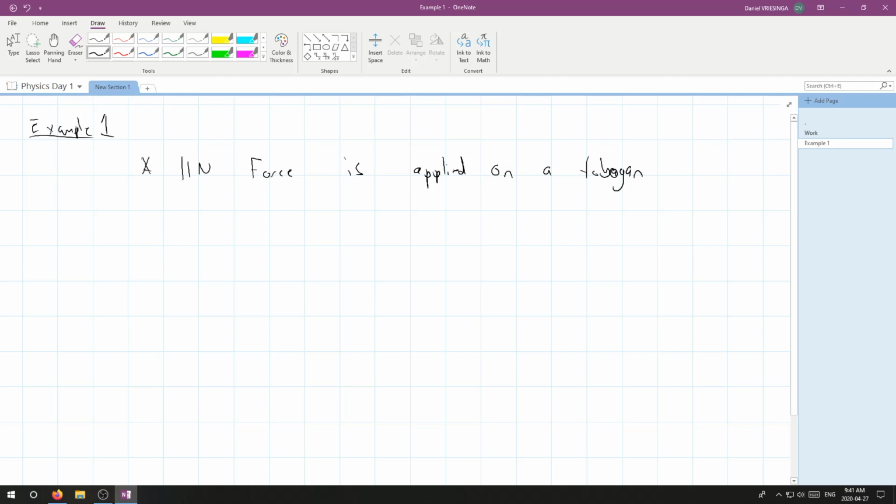An 11 Newton force is applied on a toboggan over a distance of 13 meters. The force is applied at 40 degrees to the direction of motion.